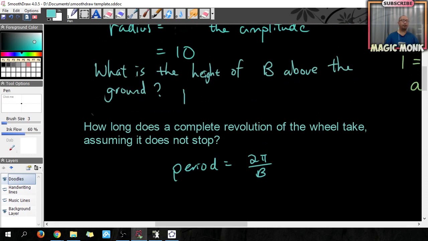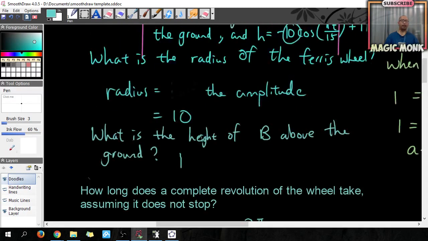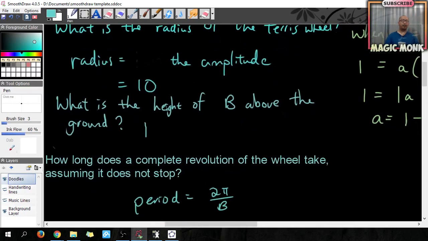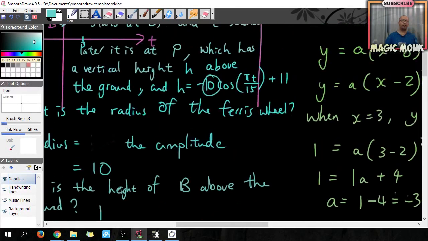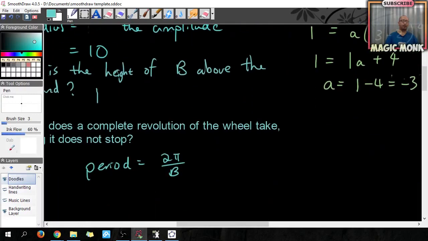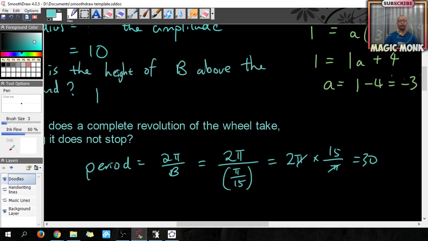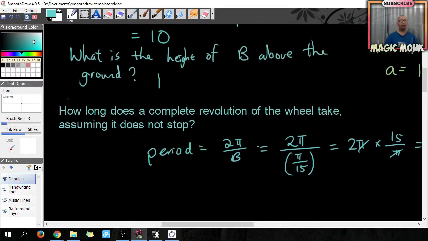From the equation we know that b is pi over 15. So b is equal to pi over 15 from this equation. So 2 pi over b is 2 pi over pi over 15. So put that in your calculator, or you can just do 2 pi times 15 over pi. So that gives you 30. So that's the complete revolution of the wheel.